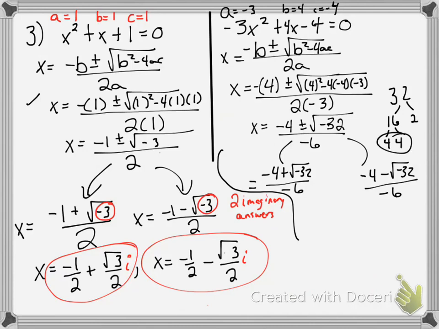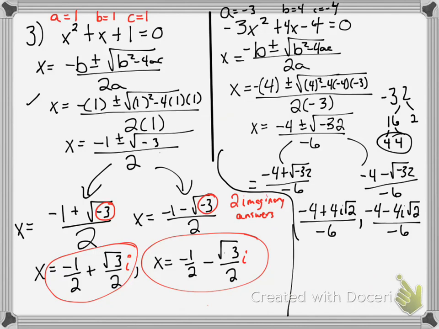So I've got a pair of 4's. So each one of these equations, I've got negative 4 plus 4 square root of 2. Now since this was a negative 32, I need to put a letter i in here. Remember, we don't want to put that underneath the square root, so we'd have 4i square root of 2 divided by negative 6. And we also have negative 4 minus 4i square root of 2 divided by negative 6.